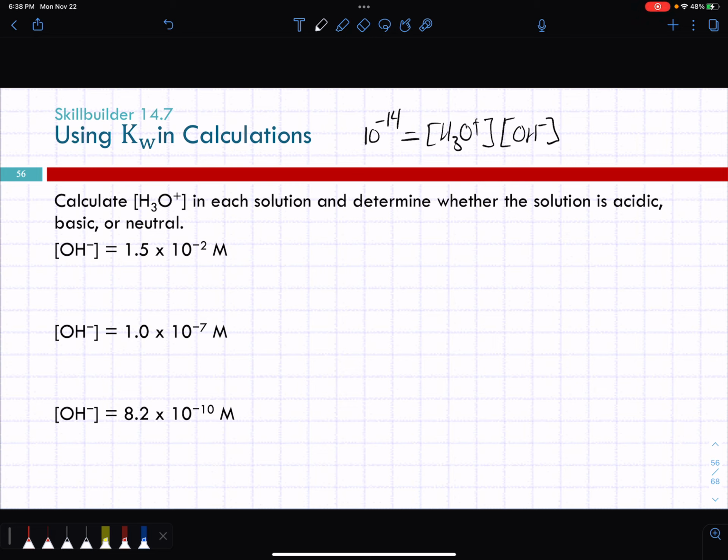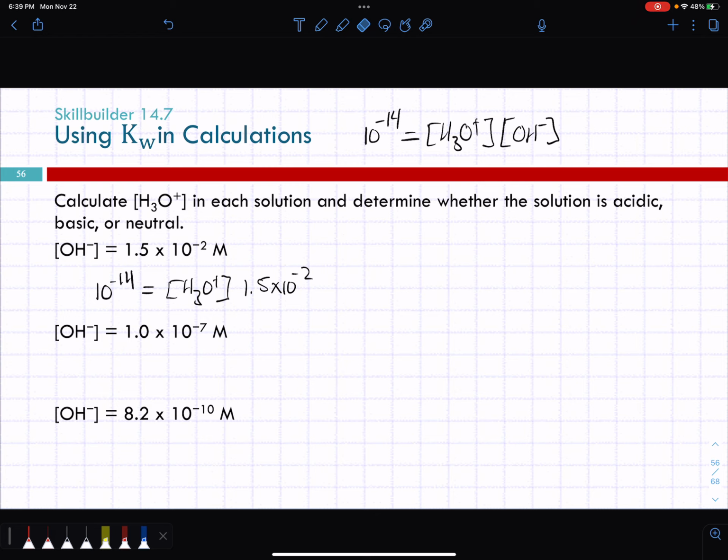So 10 to the minus 14 is equal to our H3O plus concentration times the OH minus, 1.5 times 10 to the negative 2. We just solve for H3O plus.